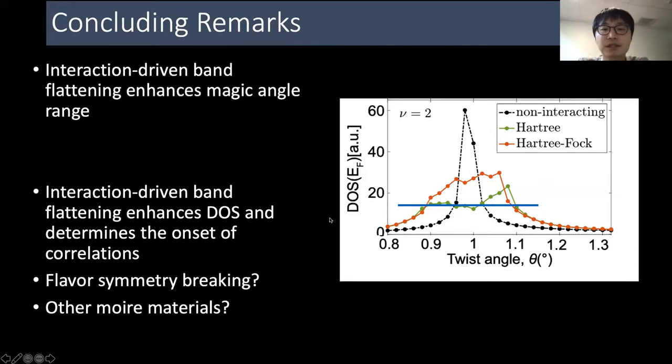So our conclusion is that the interaction-driven band flattening enhances density of state and determines the onset of correlations. We know that once flavor symmetry breaking happens, it further complicates the band structure. So it is an interesting direction to include flavor symmetry breaking within this context and try to match with the observations.